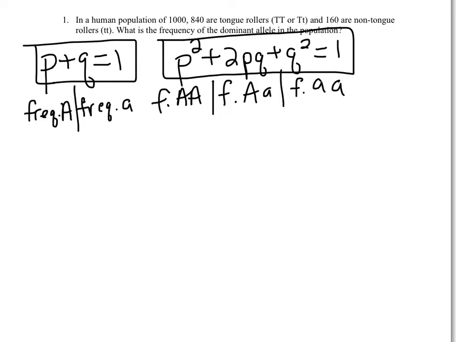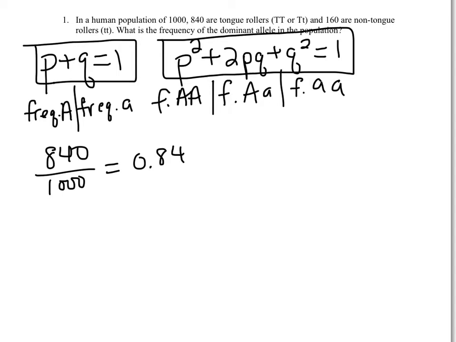All right, so they tell us that the population is 1,000 and 840 are tongue rollers. So 840 out of 1,000 equals 0.84. So 0.84 is the frequency of tongue rollers. Now they tell you that's both big T big T and big T little t.